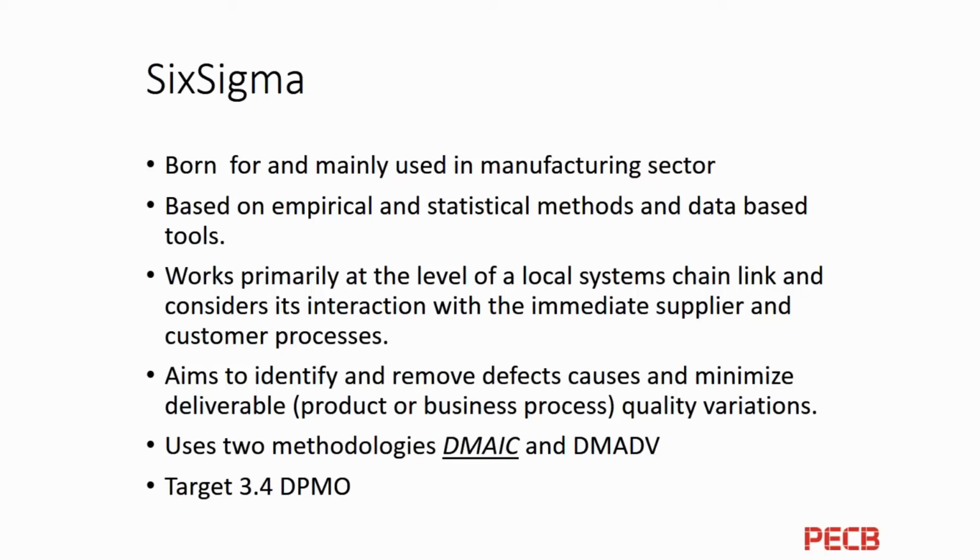Hundreds of tools are being used for deploying Six Sigma and working with Six Sigma. It works primarily at the level of a local system, chain link, and it does take into consideration the interaction and immediate supplier and customer processes.